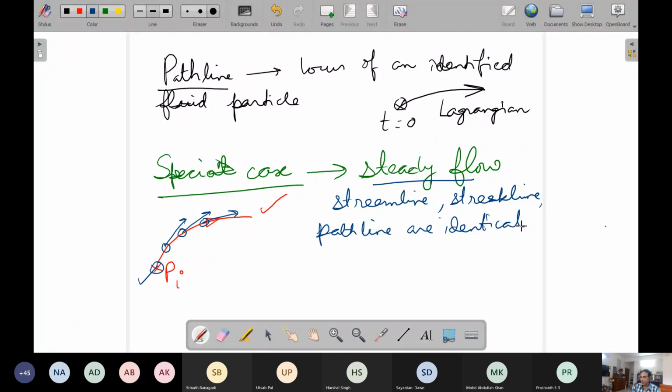Okay, streamline, streak line, path line, these are identical. So why are these identical? They are identical for a simple reason that the constraint along which these particles are moving is not changing with time. That is the fundamental physical basis of this. And because of them being identical, that is where actually the conceptual mistake comes when somebody doing an experiment and seeing a colored line like this says that experimentally I have obtained a streamline.